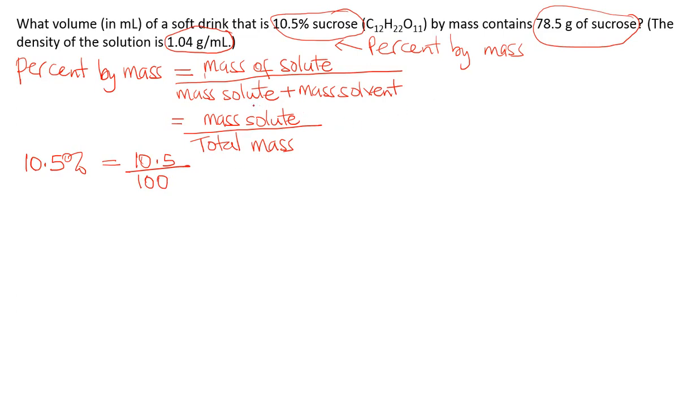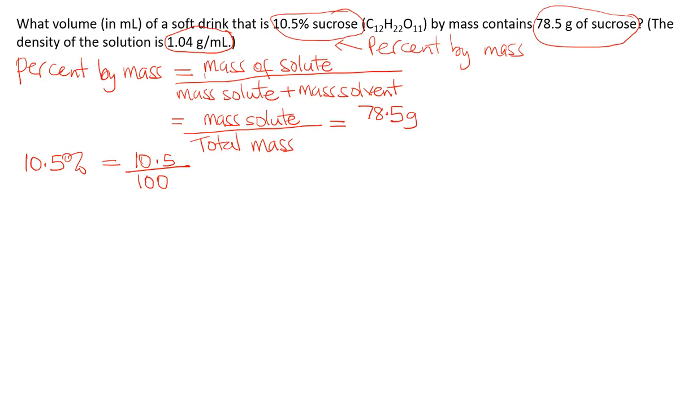Now, if we come back here, this is mass of solute versus total mass. Now, we know our mass of solute in this case is given because we are told the mass of sucrose is 78.5 grams. So our sucrose is 78.5 grams.